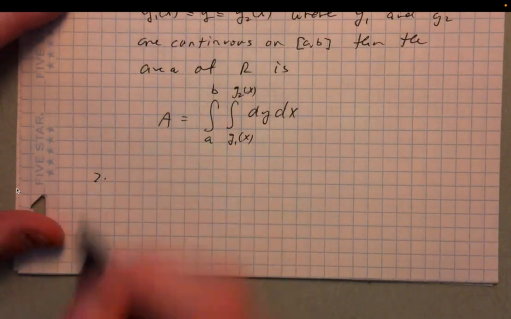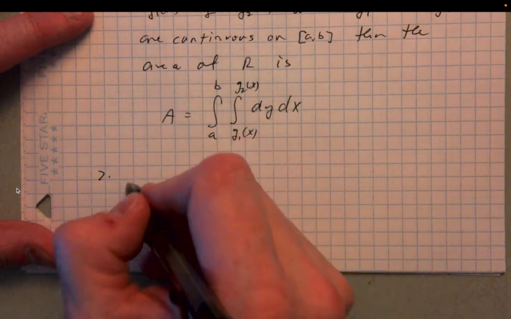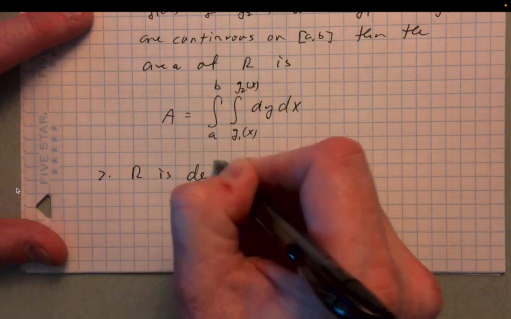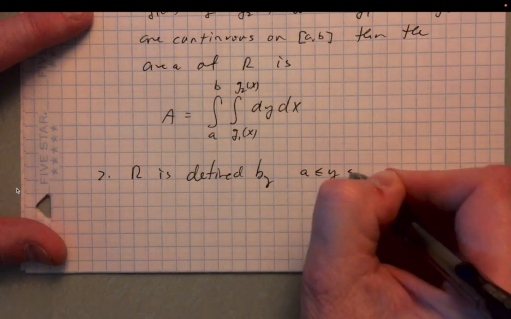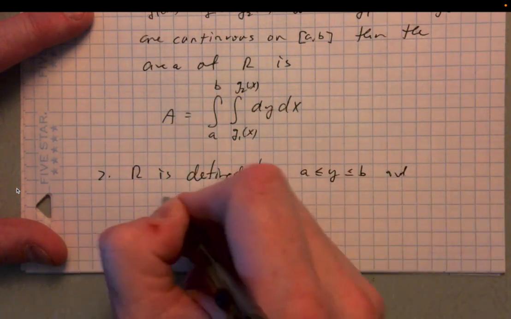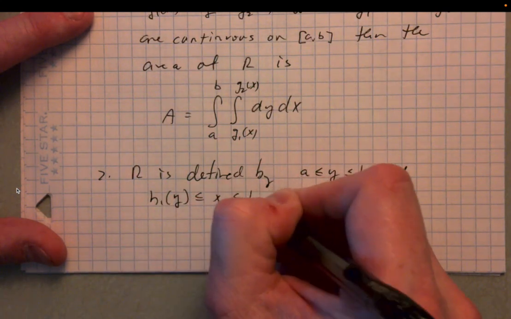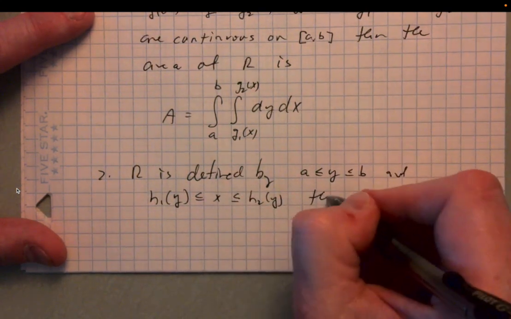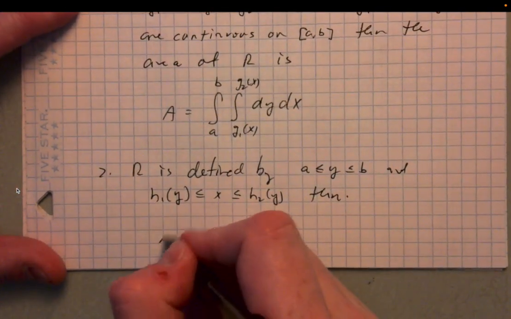Now similarly, you can do the same thing, but in reverse. So here R is defined by a less than or equal to y less than or equal to b, and h1 of y is less than or equal to x less than or equal to h2 of y. And again, these have to be continuous on a to b, but then the area would just be the reverse.